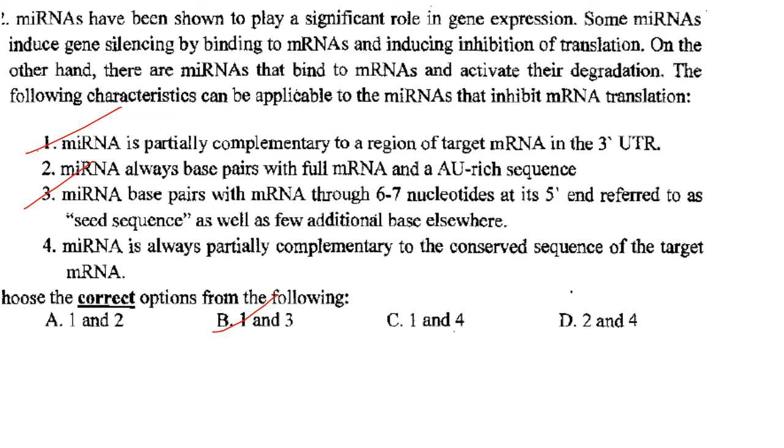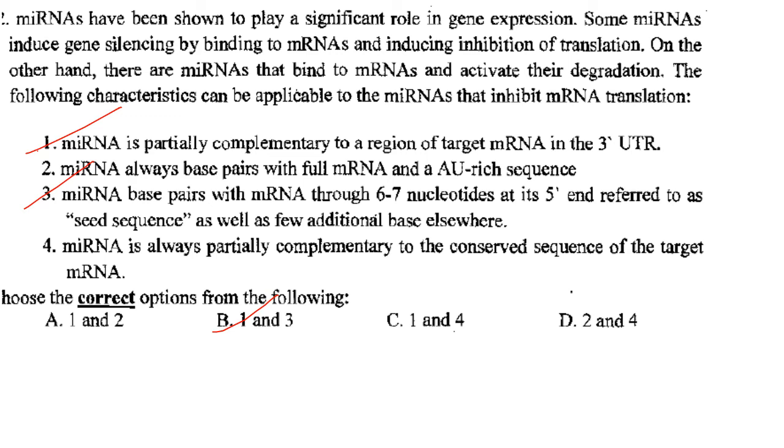So, miRNA is partially complementary to a region of target mRNA in the 3' UTR. That is correct. Then miRNA always base pairs with full mRNA and an AU-rich sequence. That is not correct. miRNA base pairs with mRNA through 6 to 7 nucleotides at its 5' end, referred to as seed sequence, as well as a few additional bases elsewhere.